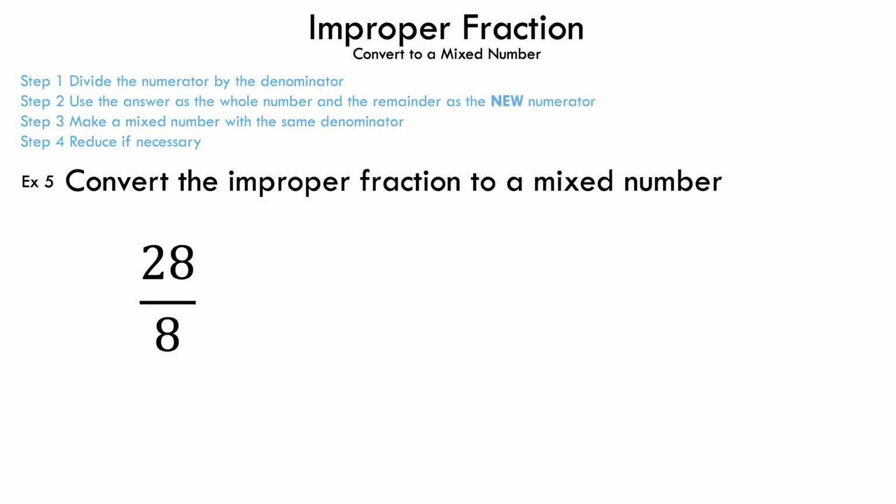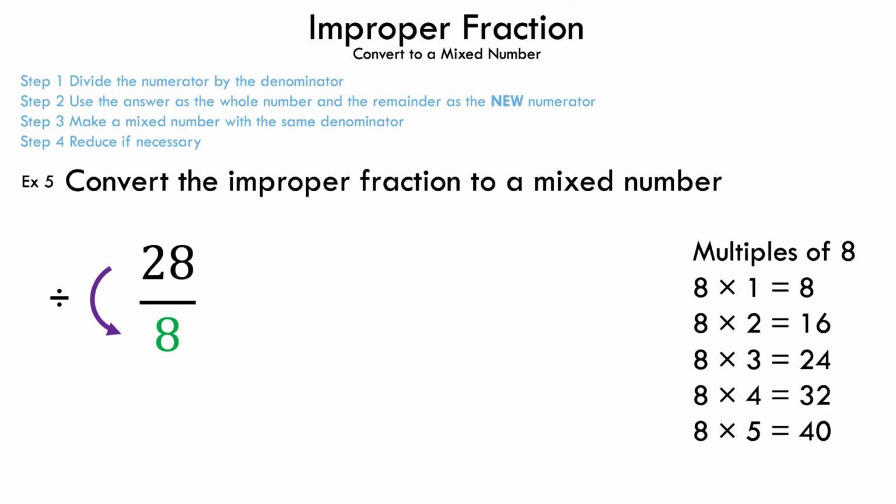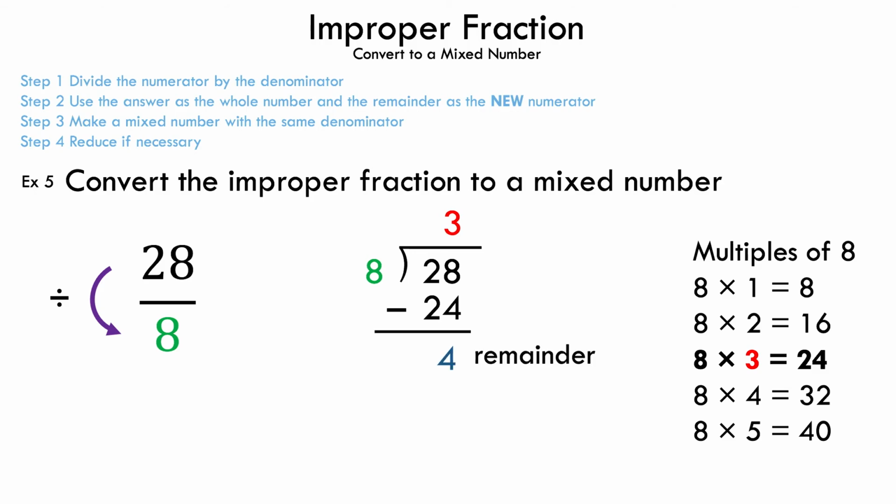28 divided by 8. We're going to do that, which is the first step. We write down the multiples to help us, and then begin the process. We pick a number closest to 28 without going over. In this case, it is 24. We write the 3 above. 8 times 3 is 24. Subtract the two numbers, and we get 4 as our remainder.